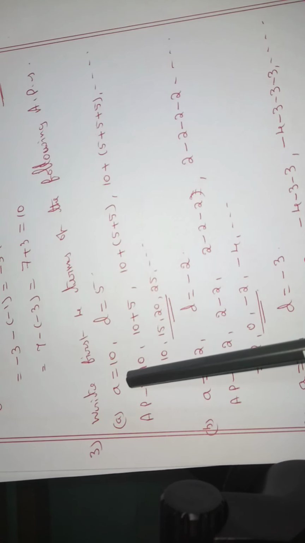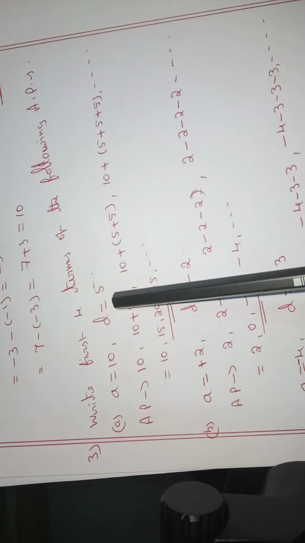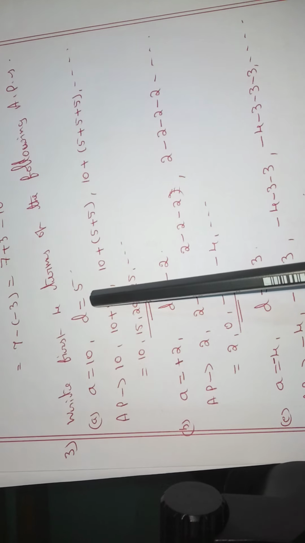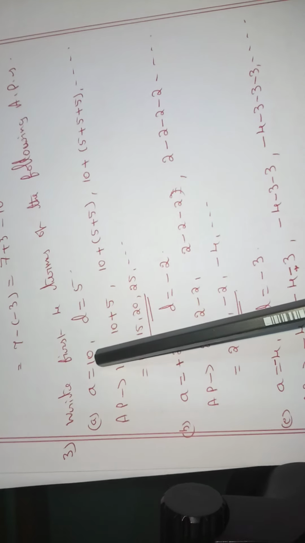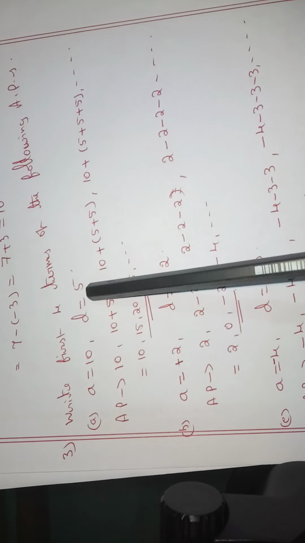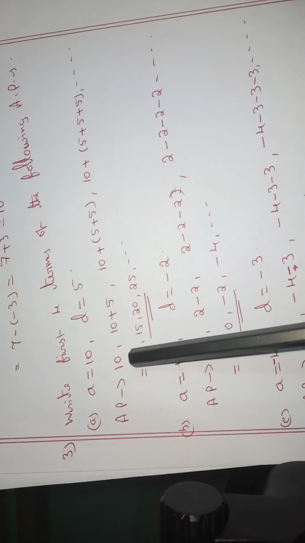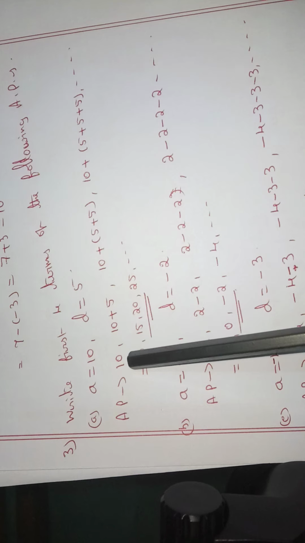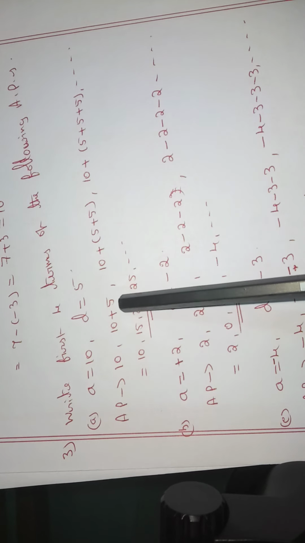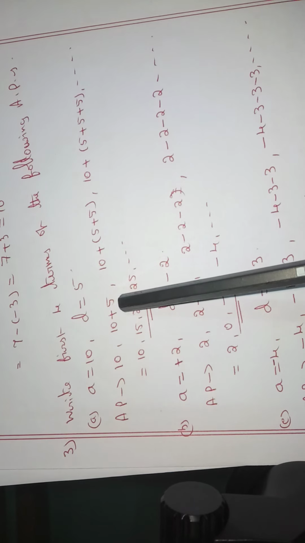First question. A is equal to 10, D is equal to 5. Shall we write the AP? First term, how much? 10. Then how much should be added? 5. Therefore, 10 plus 5.